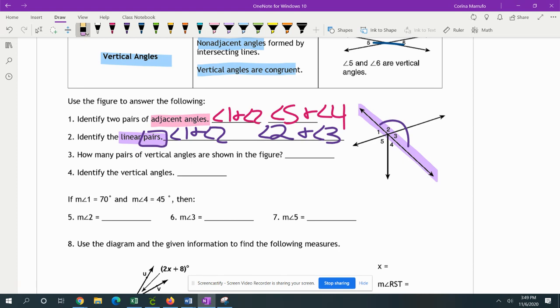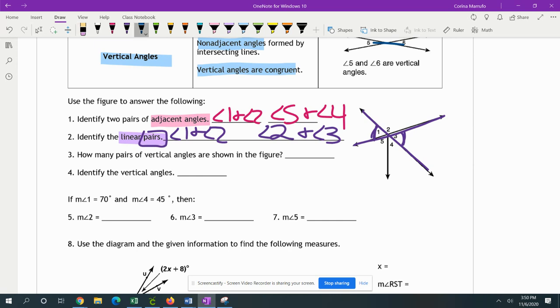Next, how many vertical angles are shown in the figure? So if we look here, we're looking for vertical angles. So first off, we look for lines across, these two that go straight across. That's what we're looking for, okay? Next, this 5, this one right here is just kind of like just cutting through, so we don't have to worry about that one. We're looking, if you notice, 1 and 3 are directly across from each other.